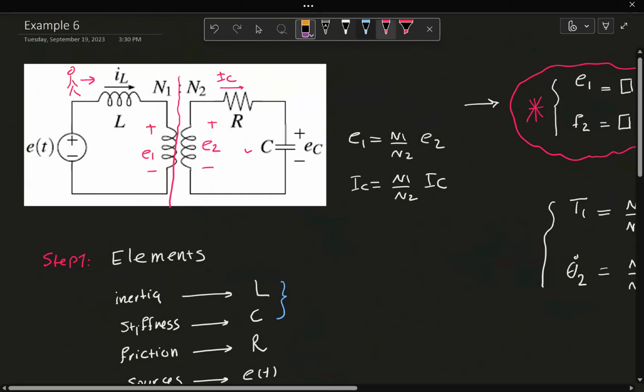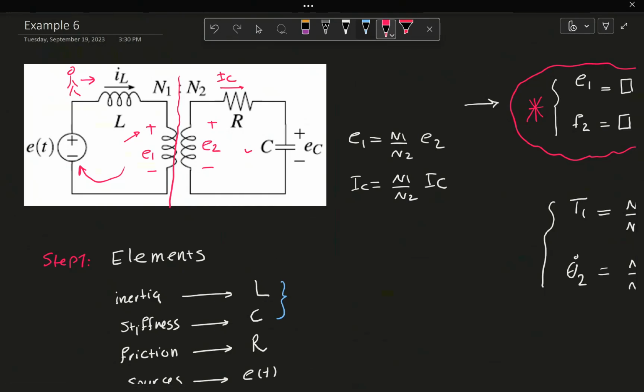Then I get the positive polarity of E1, and I treat it just like a battery. Since I hit the positive polarity, the voltage drops, and then from here to here, I hit the negative polarity of the battery again, so the voltage rises.